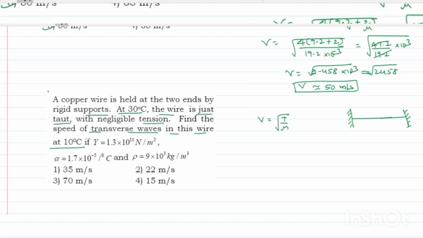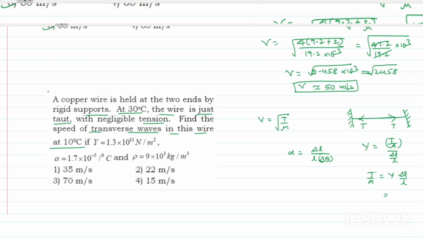So when the temperature is lowered, a tension force develops. Young's modulus Y equals stress by strain, which is nothing but delta L by L. So T by A equals Y into delta L by L. According to the coefficient of linear expansion, alpha equals delta L by L into delta theta, where delta theta is the change in temperature.